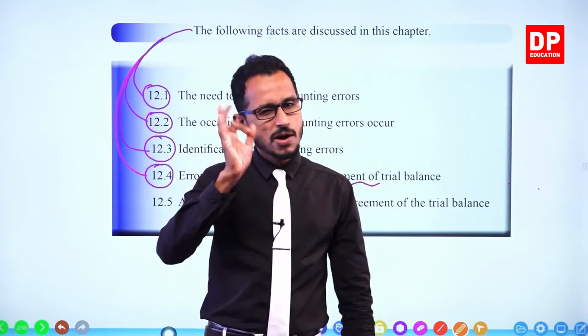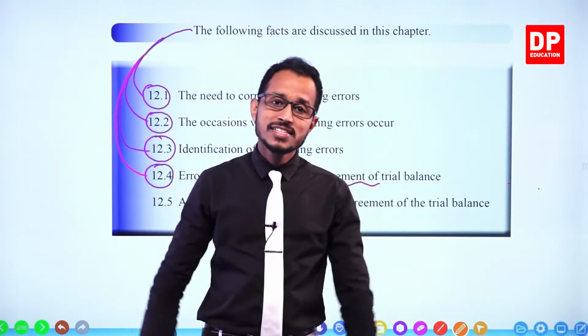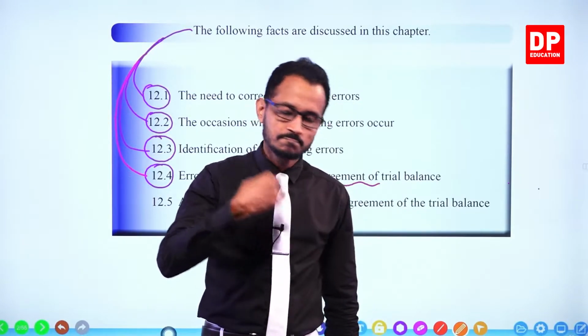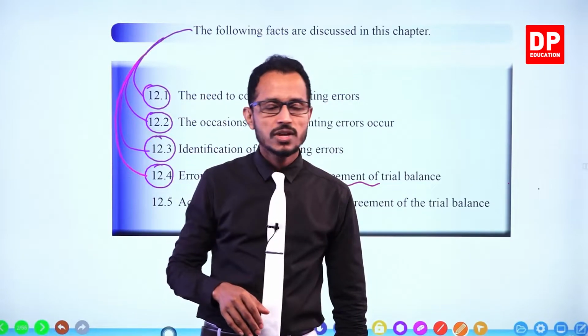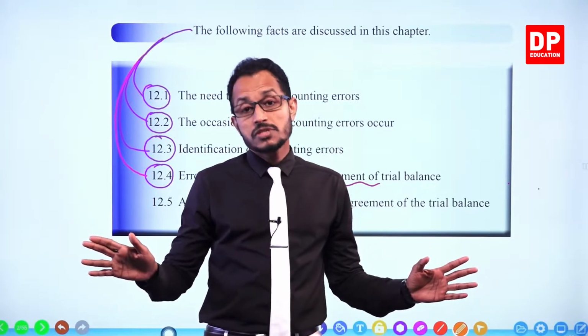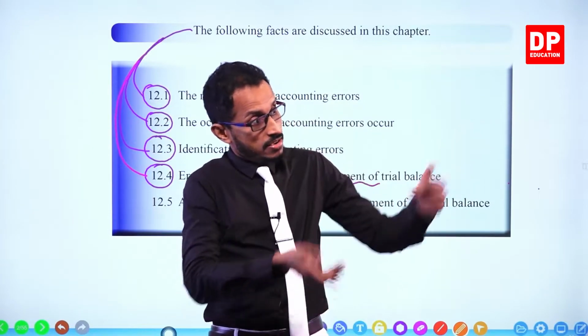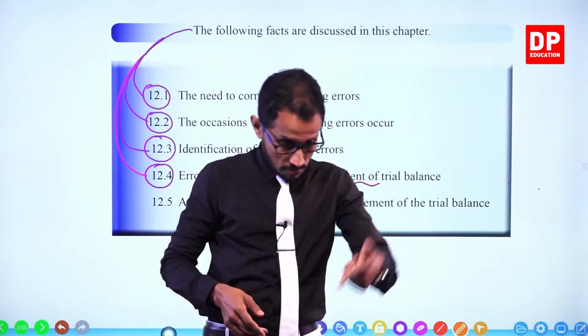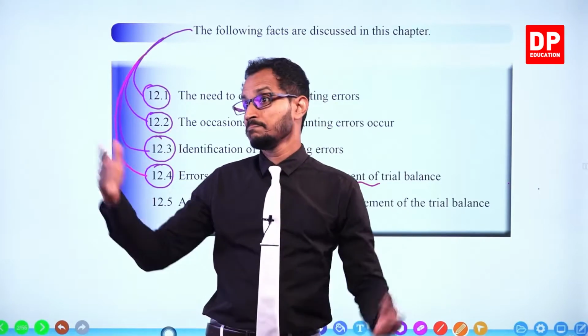Double entries are perfect. All the balancing of ledger accounts is also number one. No errors, no mistakes, because the trial balance balanced. Sir, the trial balance balanced.